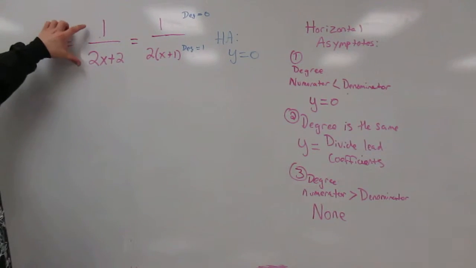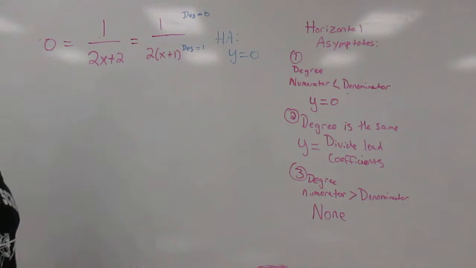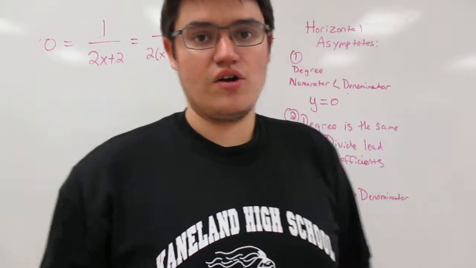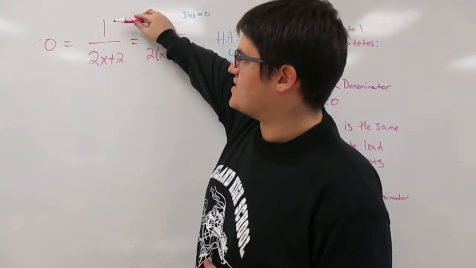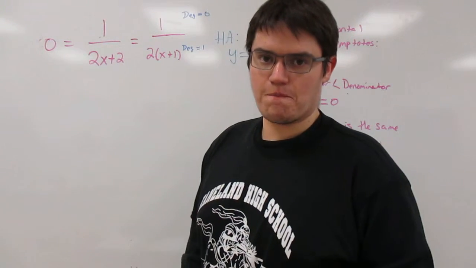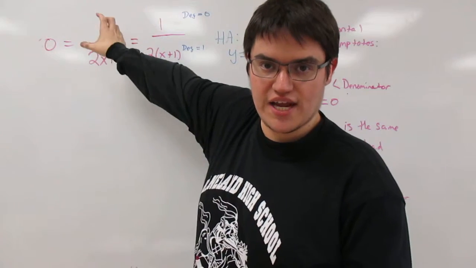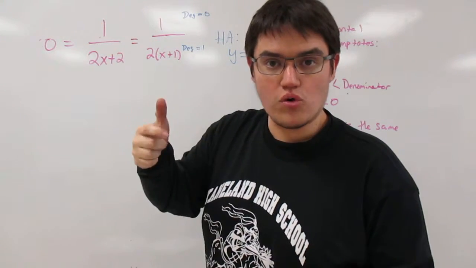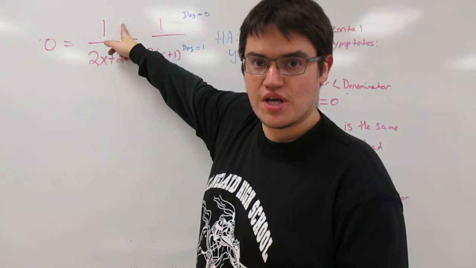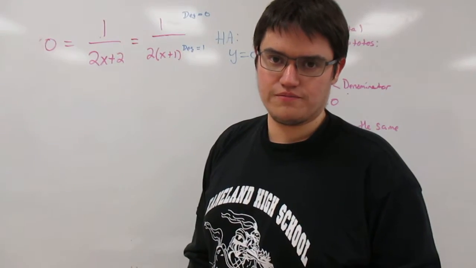So I'm trying to find a way to turn this fraction into equaling 0. And if you think about it for a second, we know with fractions that 0 divided by anything gives us 0. So if I can find the x values that I put into the numerator to get that equal to 0, those will be my x-intercepts because those will make the whole fraction equal to 0.